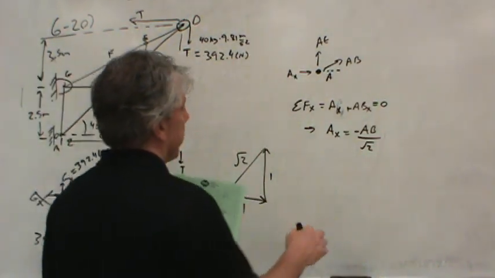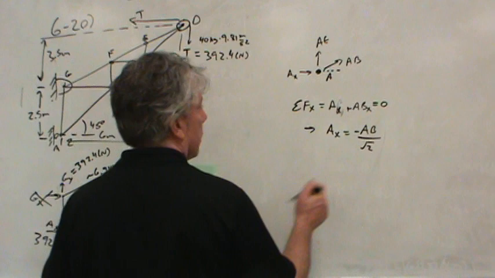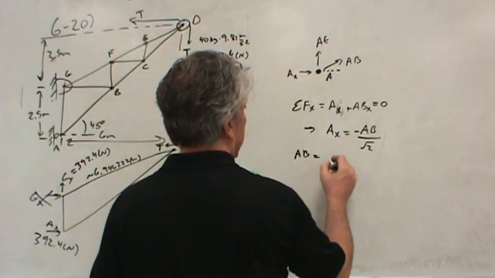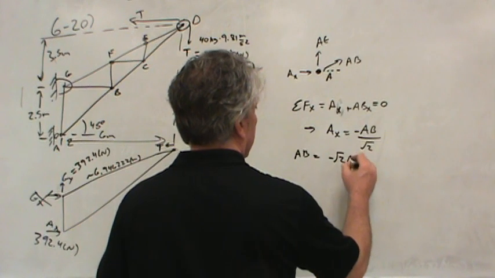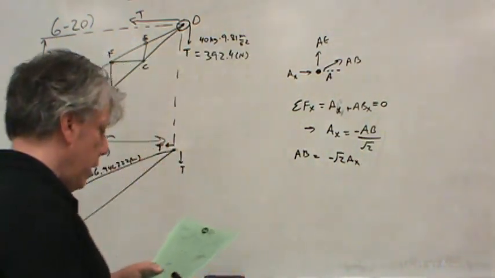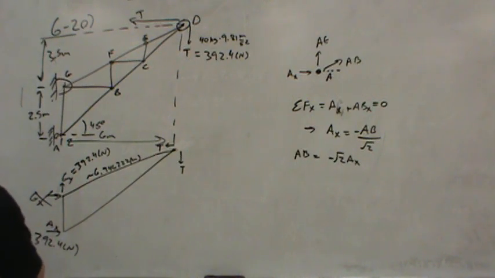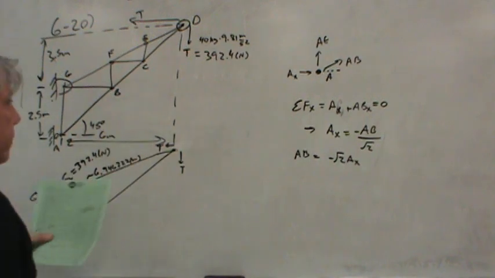But notice I already know AX, it's AB I'd like to know. So AB must be negative root 2 times AX. So if you take the square root of 2 and multiply it by AX, which is 392.4, you will find the force in member AB. And what I'm going to do is put the force numbers into my original diagram.